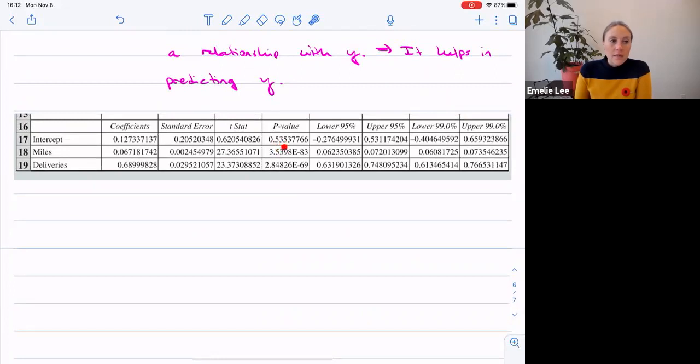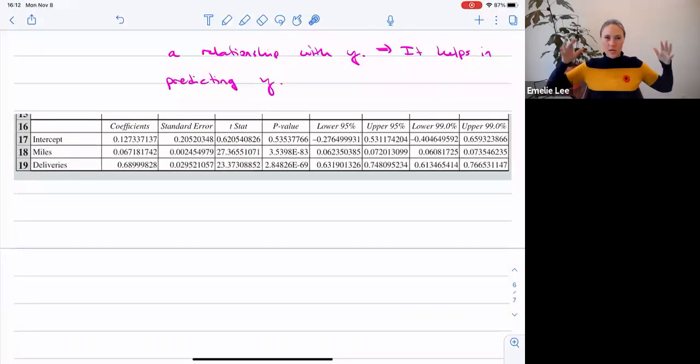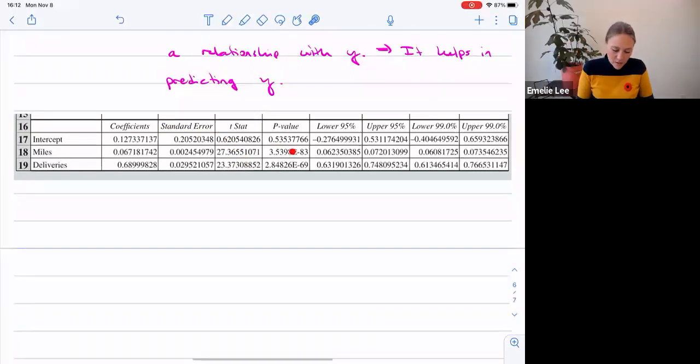Here in this output, we have the standard error of the coefficient, we have the t statistics, and we see that we have two very large t's, which means that we're out in the tails. So of course our p-values are going to be really, really small, and the only one, the p-value for the intercept, is 0.5353, so that's not small.